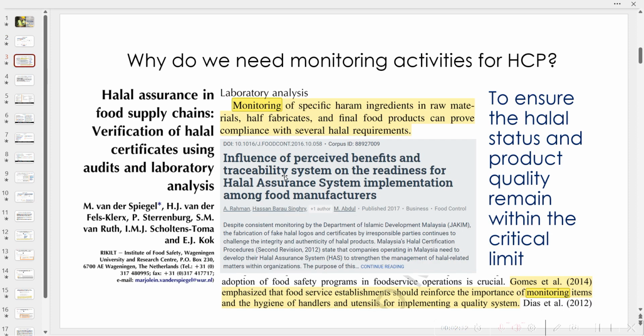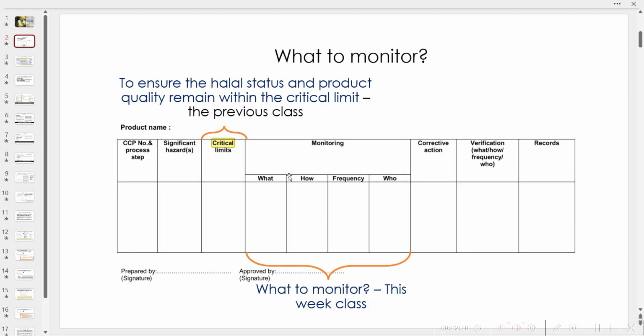Right? So we also talked about the aim of why we need to do monitoring, to ensure the halal status of product quality remains within the critical limit. Why within the critical limit? Because in the previous slide, the column before monitoring is the critical limit.